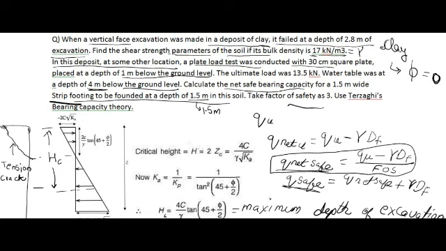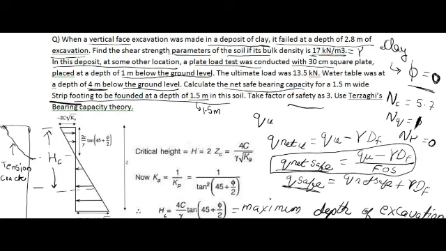As soon as phi is equal to 0, you know what Nc will be. For phi equal to 0, Nc is 5.7, Nq will be equal to 1, and N gamma will be equal to 0.